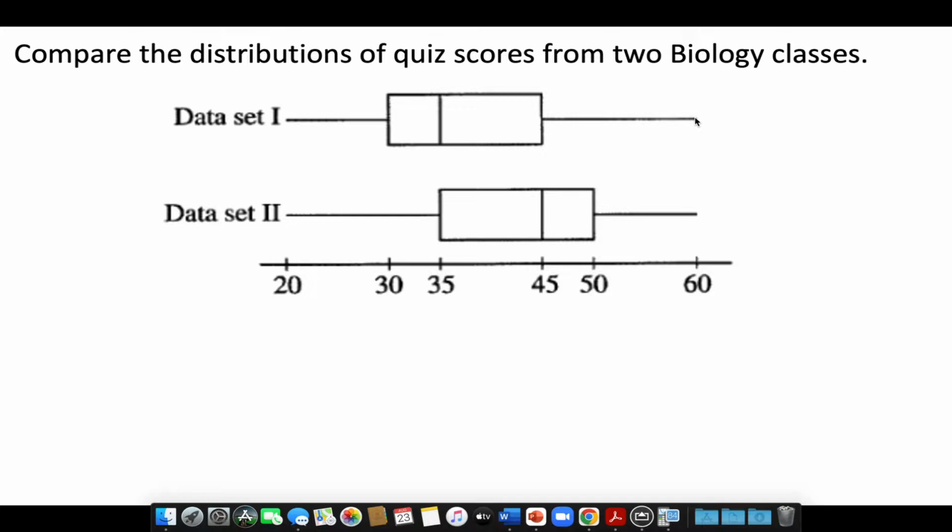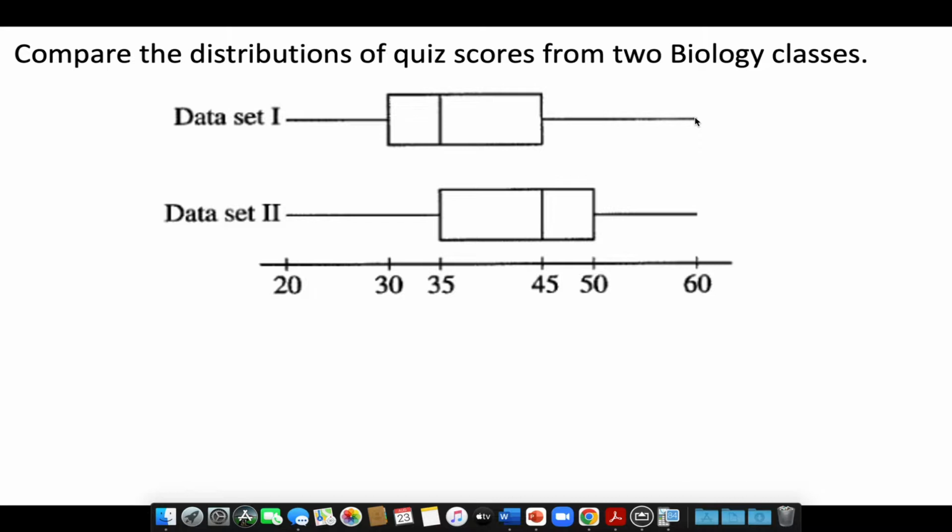Where are the high points for data set 2? 45 to 50. Okay, so 45 to 50 are going to be the high bars.